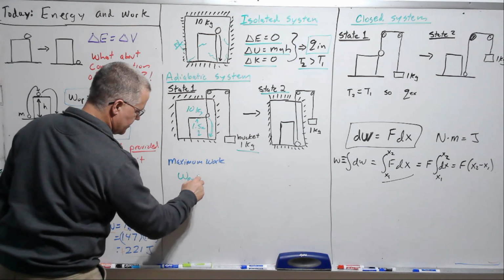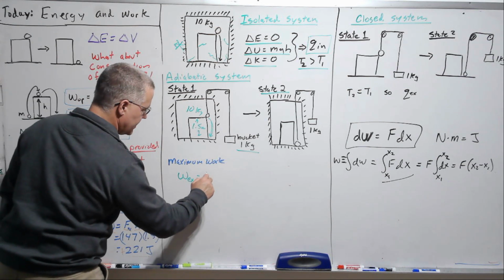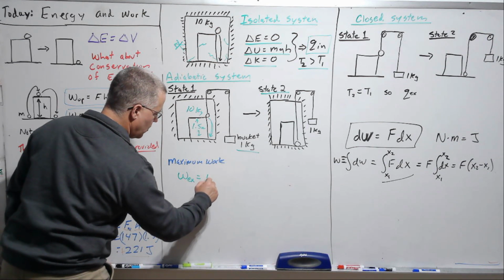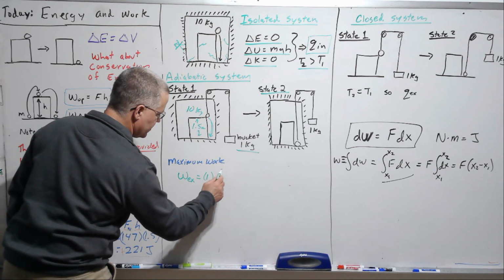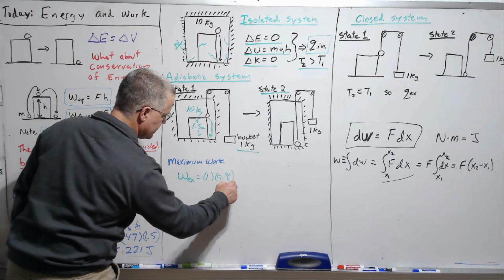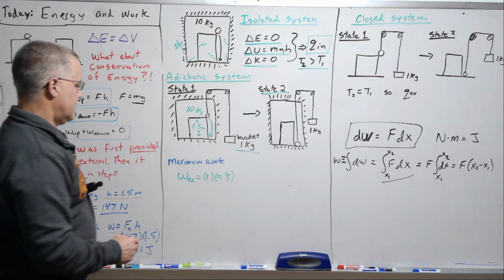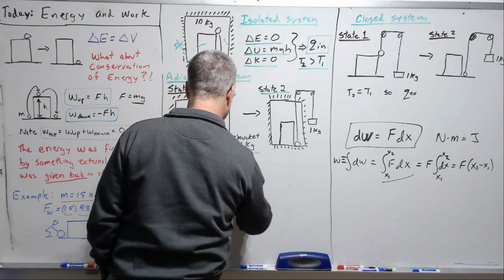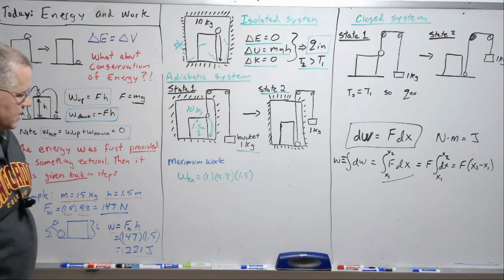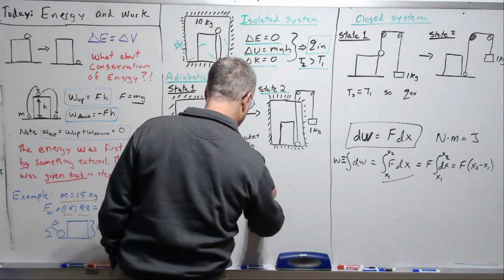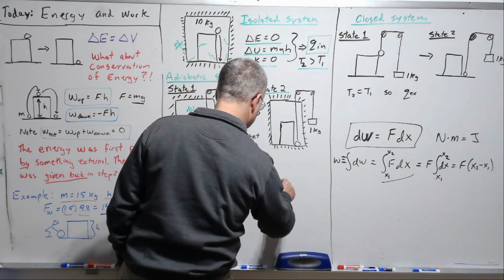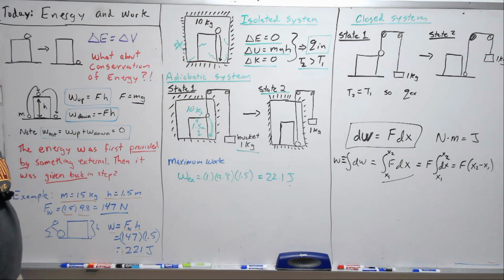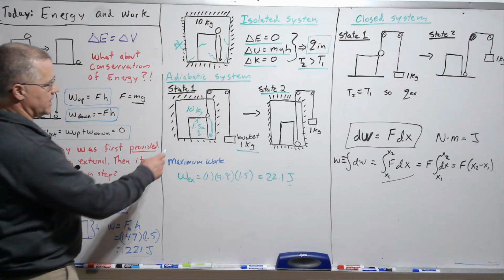So what's happened here is the work is now m, 1 kilogram, times g, which is 9.8, times the 1.5. That's going to be 22.1 joules of work.